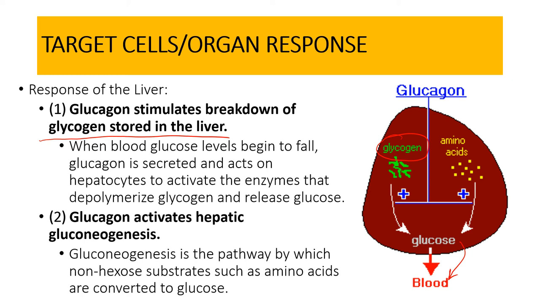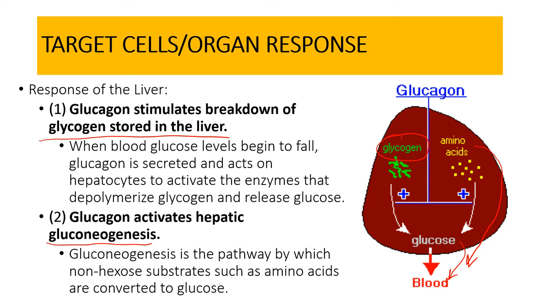The second way is to take amino acids, which would be called gluconeogenesis, is the process by which this is going to occur. And it's going to take something other than glycogen and turn it into glucose. So when we have anything but glycogen being converted into glucose, it's called gluconeogenesis, and that's going to be the amino acids.